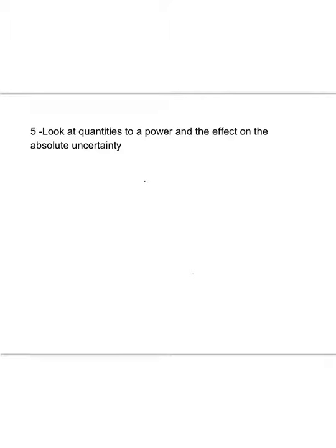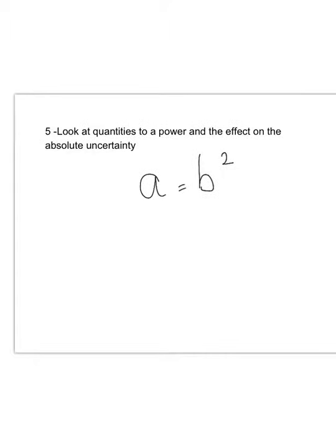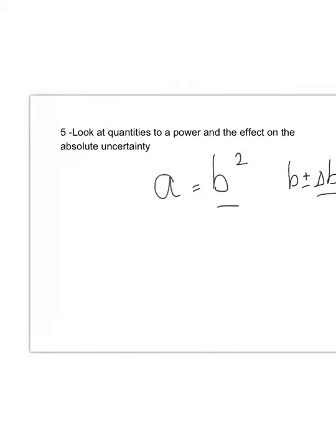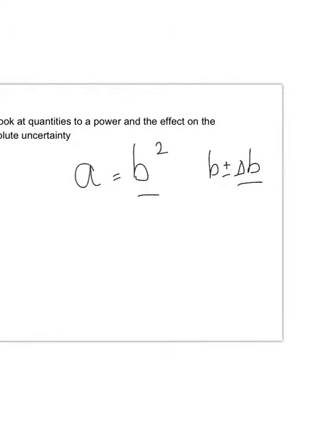Hang on. A equals B squared. So we have a quantity B plus or minus its uncertainty. There we go. And I want to know what the final absolute uncertainty is in A, which I would express like this.